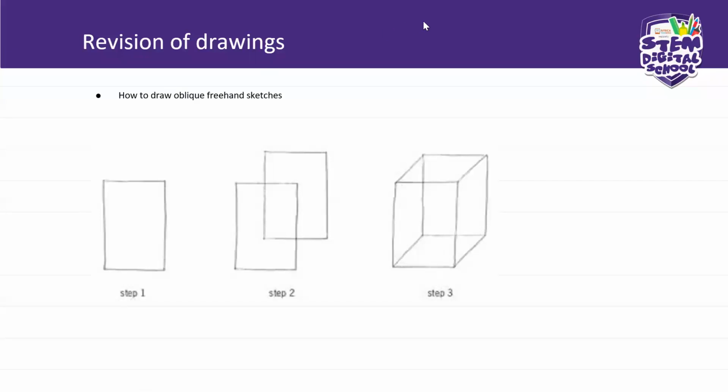That is what you are doing when you are drawing freehand. I hope that you practice this. Then the next step would be to draw the next rectangle. Actually, the angle of this line, because it's an oblique drawing, if we are using instruments, the angle would be 45.